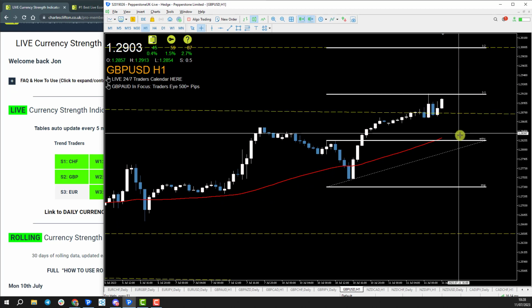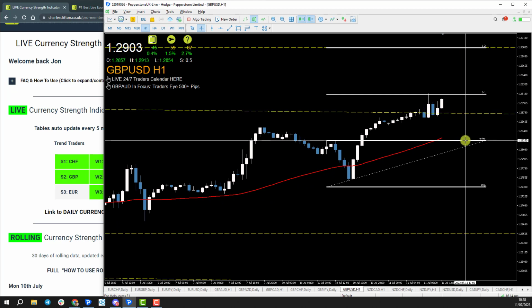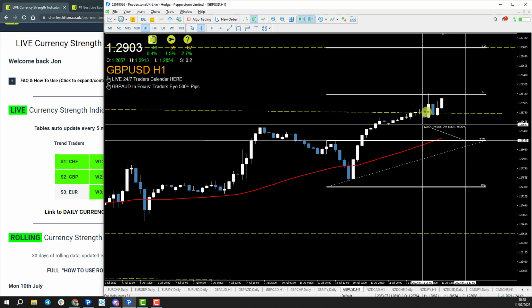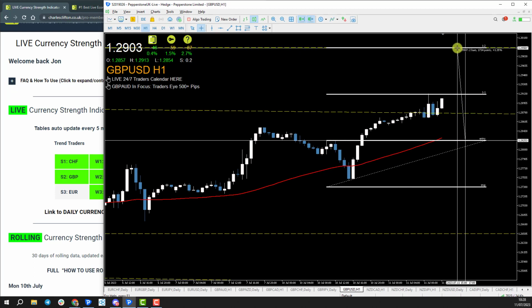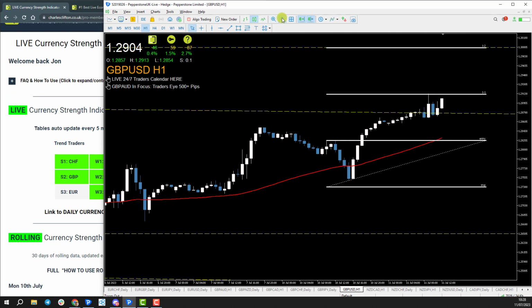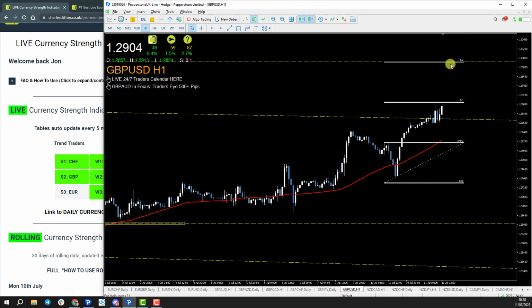However, to make it a little bit worthwhile, I would want to be entering around 1.2825 with an 87 pip stop loss. That'd give us a 1 to 2 risk to reward ratio up to that 1.3 handle. So it is something you can consider.